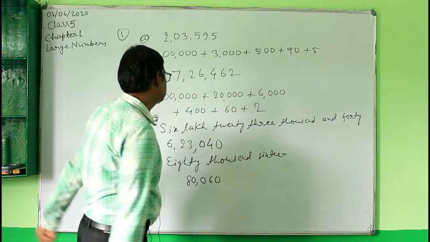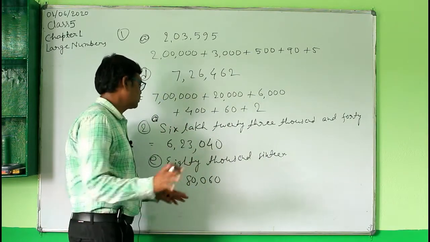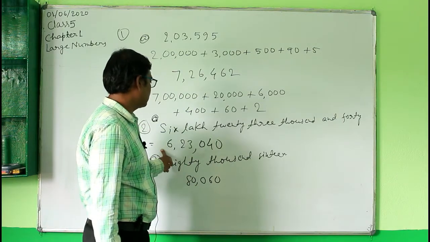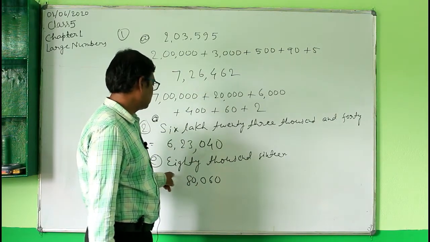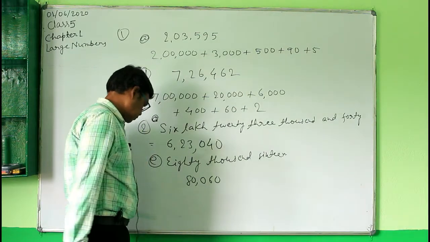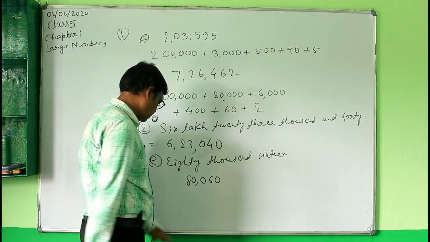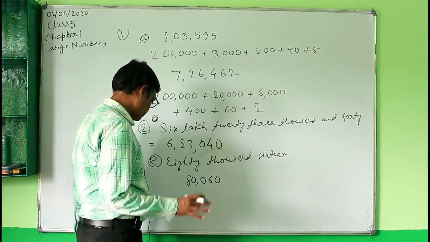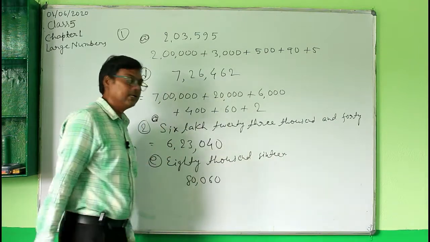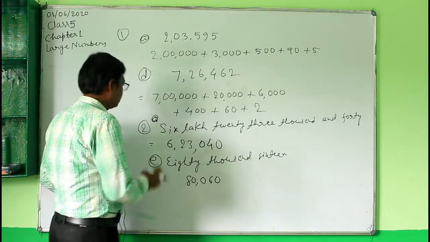Not that, that was not correct. That would be the answer if this were in the crore place. So this is the correct answer, 6,23,040. And for the other, the answer is 80,016. Now you will solve the remaining questions in question number 2 as homework. That is, you have to solve B, C, D, and F. I will move on to question number 3.